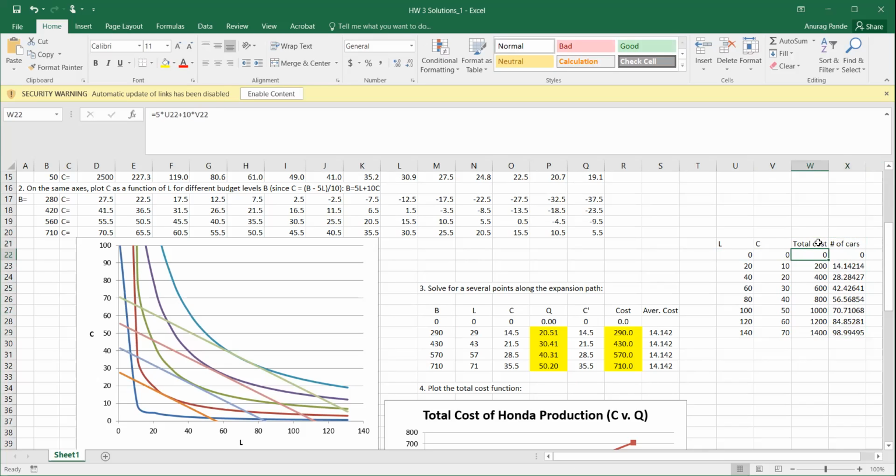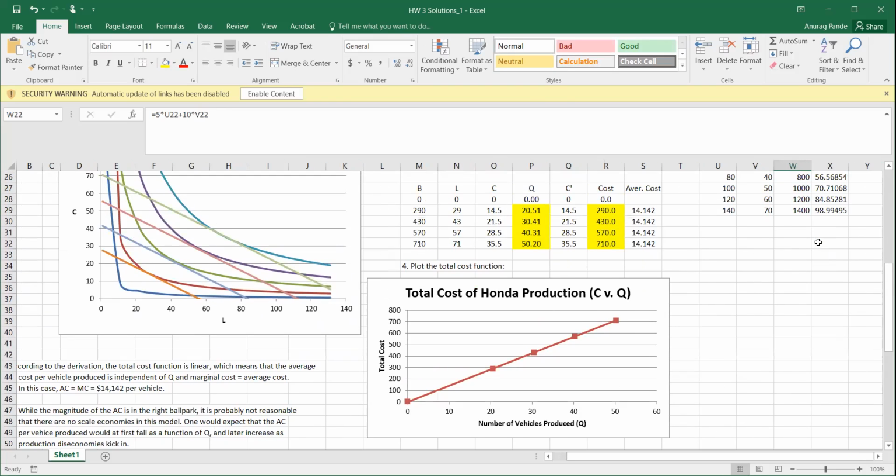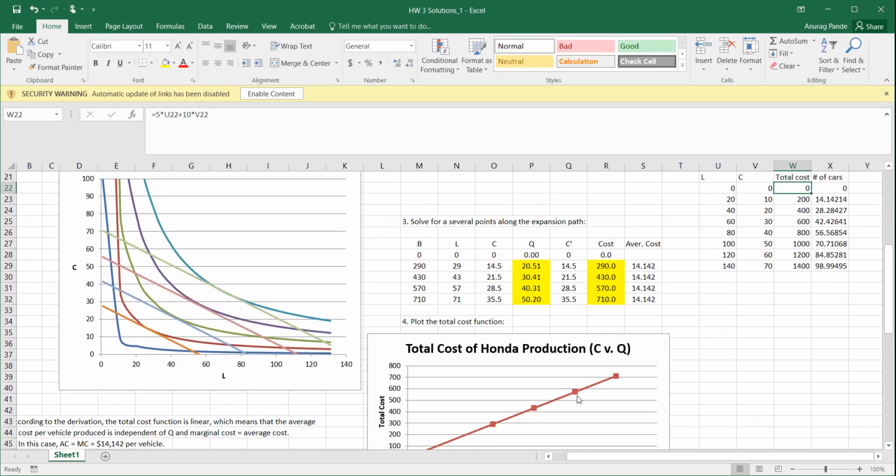I've gotten Q and C, so I can put total cost on the y-axis and number of vehicles produced on the x-axis, and I'll get the exact same line. I'll get the exact same line if I were to chart out these two columns.